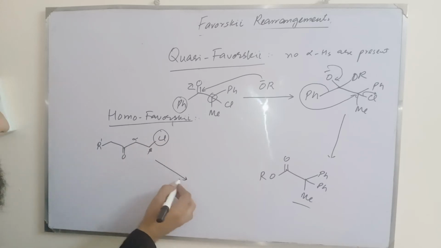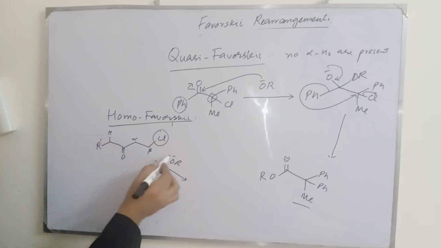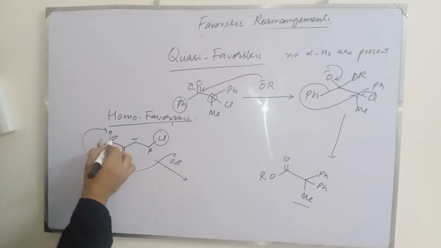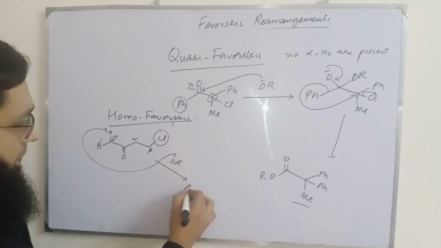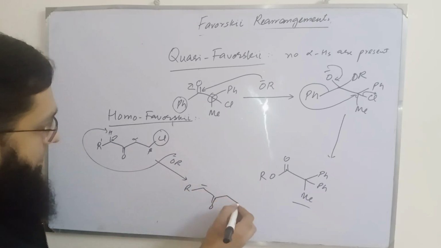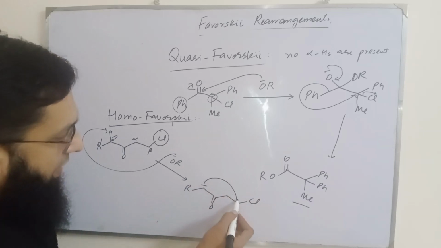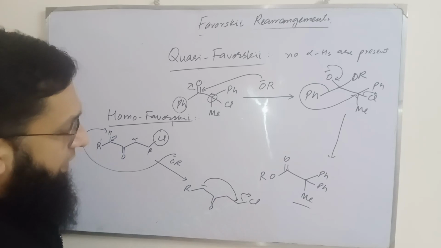As a result of this, for example, if we use any base, it would abstract an alpha hydrogen. We get the enolate, and this enolate would internally attack here, and it would be eliminated.